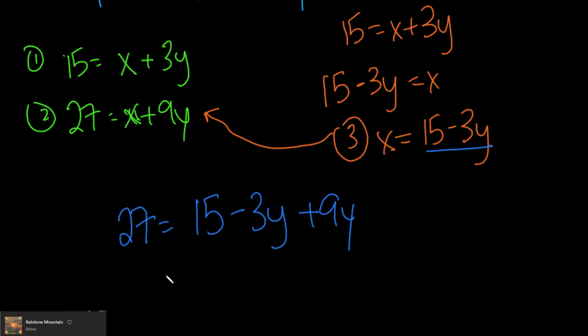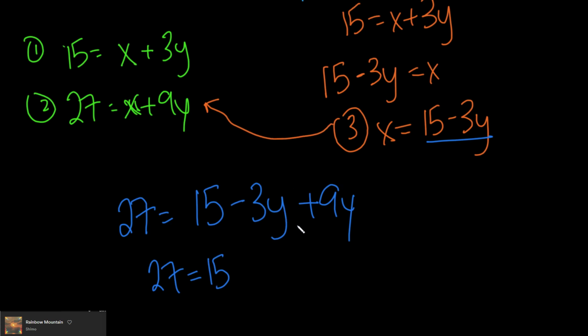So I have 27 equals 15, and minus 3 plus 9 here is positive 6y. Now I can subtract 15 from both sides, so I can get rid of 15 on the right side. So I have 27 minus 15 equals 6y.